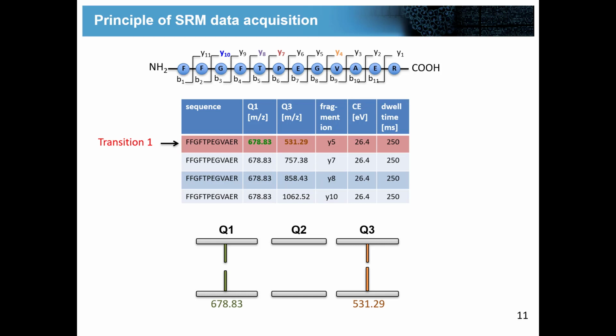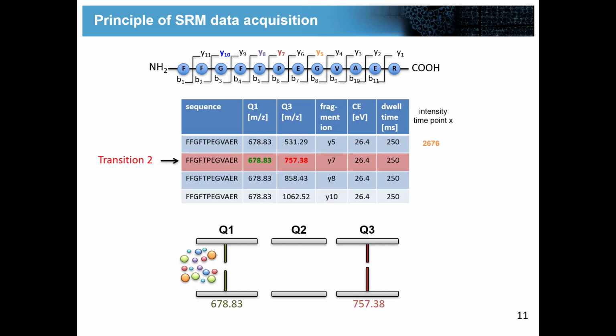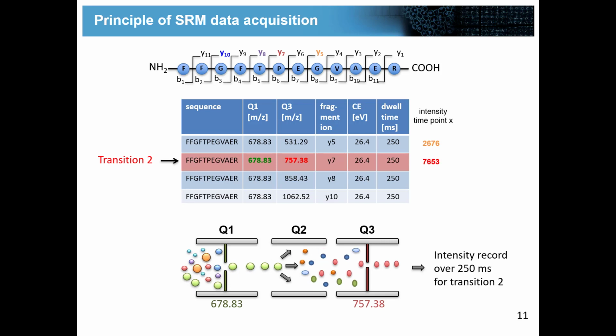If you copy-paste such a table into the acquisition method of an SRM instrument and press the start button, the instrument will go to the first line, to the first transition, set Q1 and Q3 according to these values, and then just accumulate the signal intensity of this transition for 250 milliseconds, and record an intensity value. After 250 milliseconds, it will switch to the second transition, change the settings of Q1 and Q3 accordingly, and record the intensity of that transition.